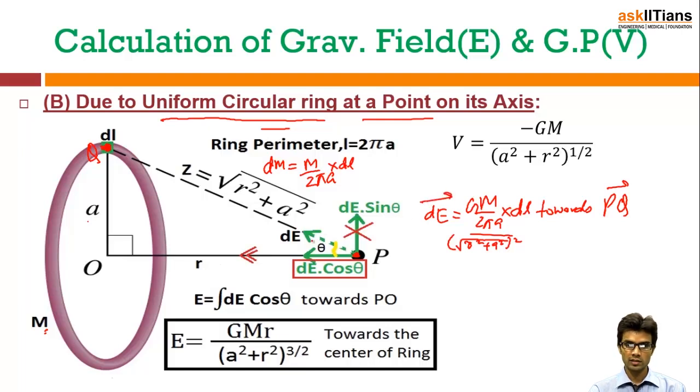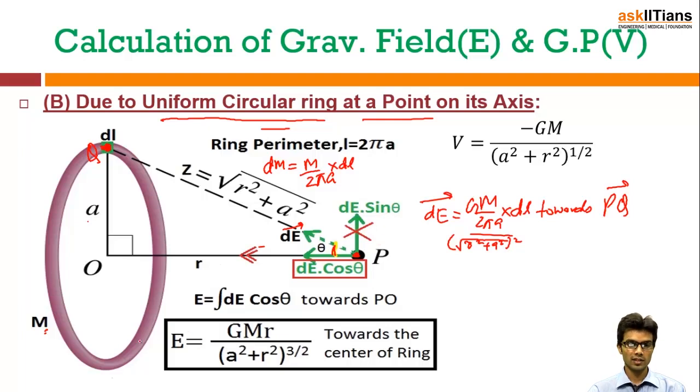Let us consider the angle is theta, so this vector dE can be split into components: dE cos theta towards PO and dE sin theta perpendicular to OP towards J.